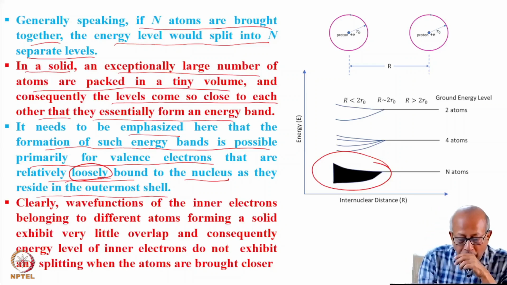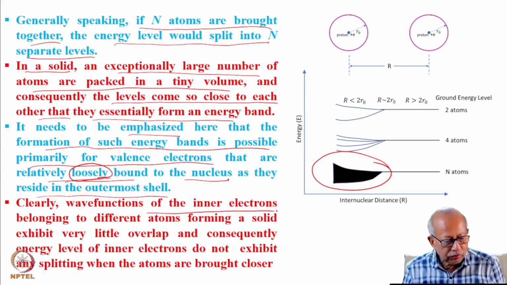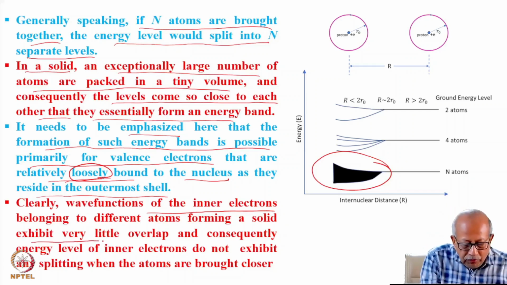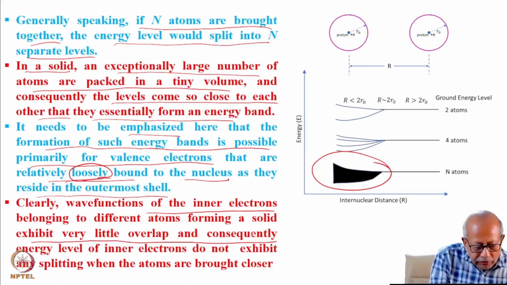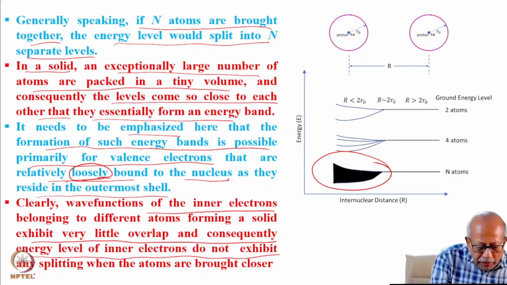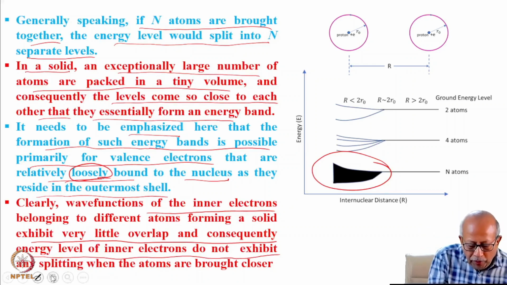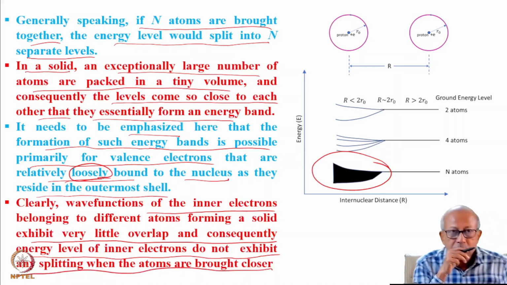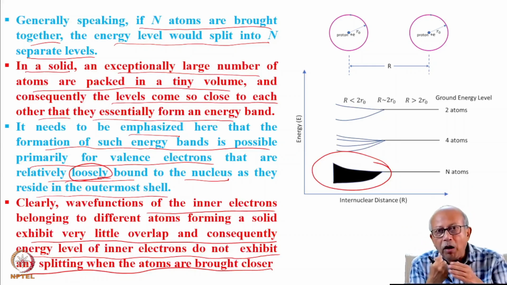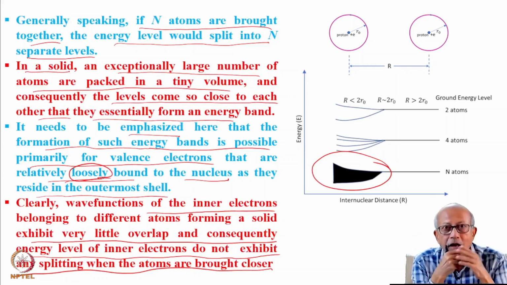Now clearly, wave functions of the inner electrons belonging to different atoms forming a solid exhibit very little overlap, and consequently energy levels of inner electrons do not exhibit any splitting when the atoms are brought closer to each other, because the inner electrons are very strongly bound to the nuclei.